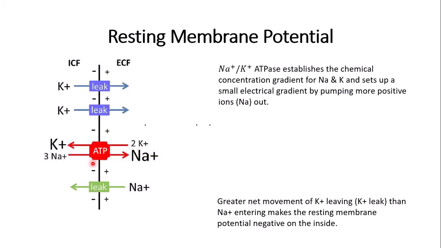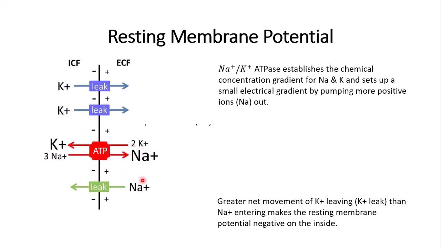So we have an excess of positive ions going out, and it causes an excess of negative ions inside the cell. So our membrane potential is negative because of the action of the sodium potassium ATPase.